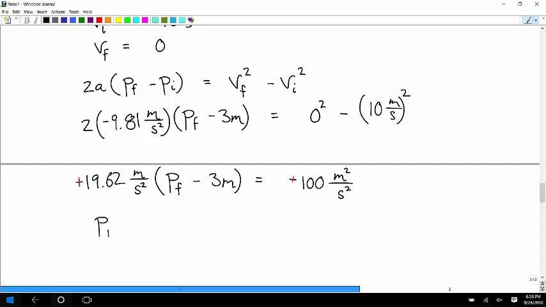So we have PF minus 3 meters is equal to 100 meters times meters over seconds times seconds divided by 19.62.